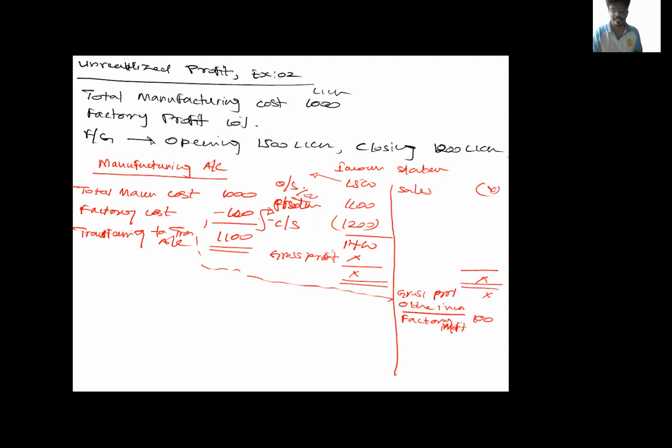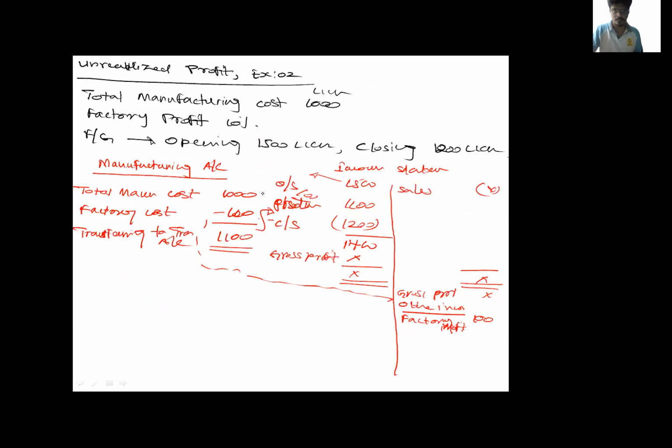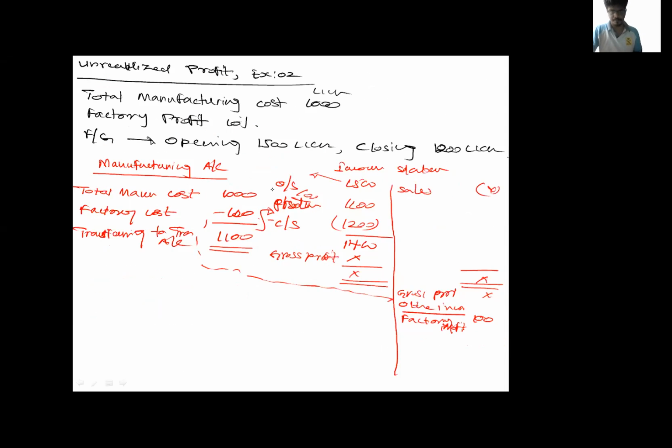1500 ඉස්සලා ගණනය කරන්නේ 1500ක් වුණොත් එහෙම, මම ඉස්සලා closing stock opening stock මාරු කරපු එකමනේ කළේ. 1500 කදී 136 and 109. Here 136 unrealized profit, here 109.